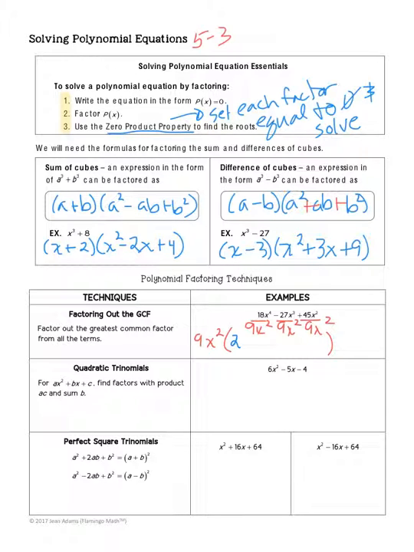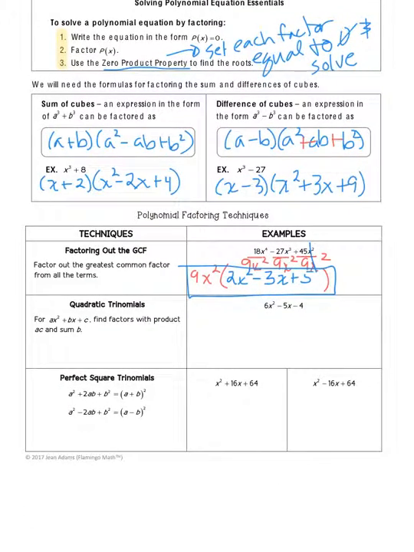X squared, or x to the 4th, divided by x squared is x squared. Then negative 27 divided by 9 is negative 3. X cubed divided by x squared is x. 45 divided by 9 is positive 5. And the x squareds are going to cancel. So this becomes your factored answer.